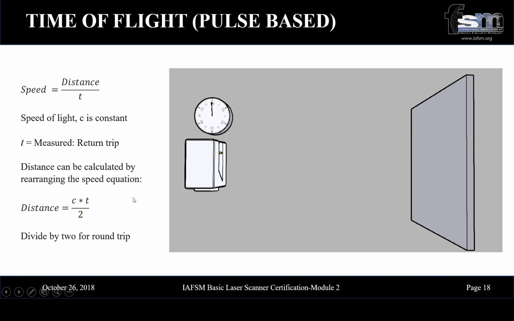It's a relatively simple concept to get around. So this would be the basic time of flight scanner: timing the pulse, and then running it through a simple equation. At the very basic level, this is what it would be doing. However, there are other things that you can do with pulse-based, and I'll talk about that very briefly later on.